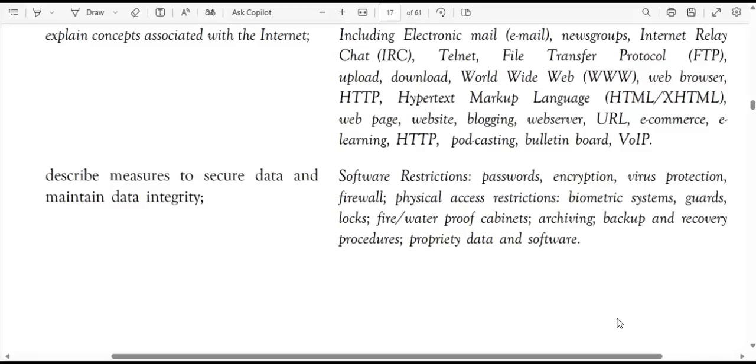Another measure that can be used to secure data and maintain data integrity is biometric systems. Now, these are security systems that use physical characteristics like fingerprints, retina scans, facial recognition to verify a user's identity. Biometric systems ensure only authorized individuals can access sensitive data or devices.